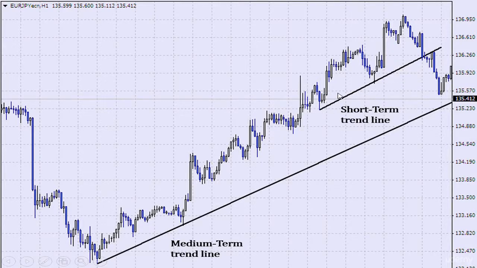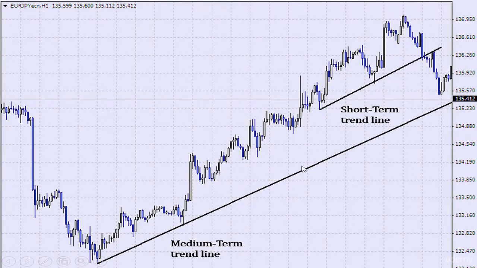Now, if you had drawn the trend line from here to here, it would still be okay, because there are traders that will be drawing the trend line from here also. So it will still be a valid trend line. It's just that it's best to draw your inner trend line from the most recent ABC.